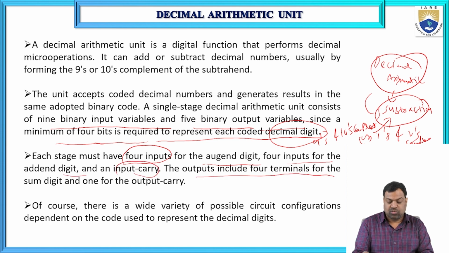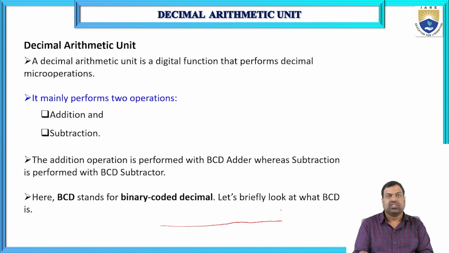The output includes 4 terminals for the sum digit and one for output carry. Next we will discuss an example of how this happens. There is a wide variety of possible circuit configurations depending on the code used to represent the decimal digits.